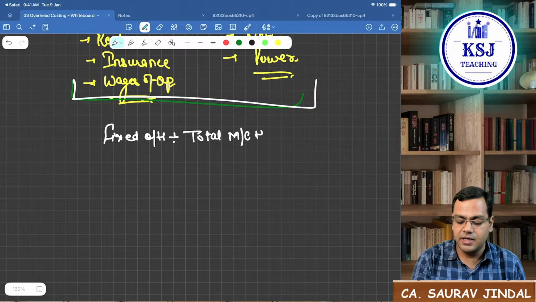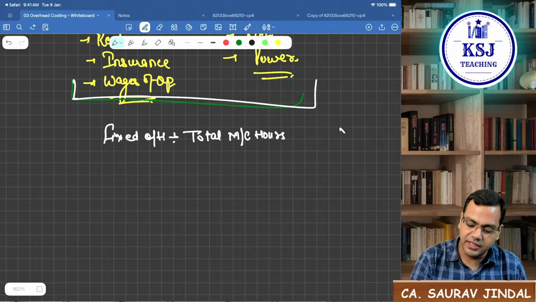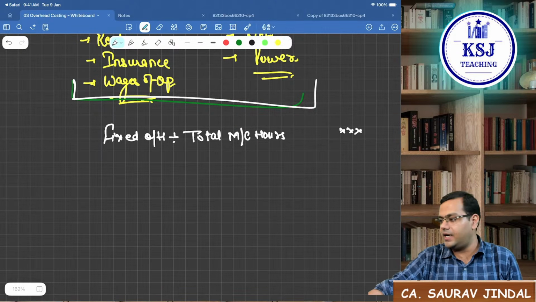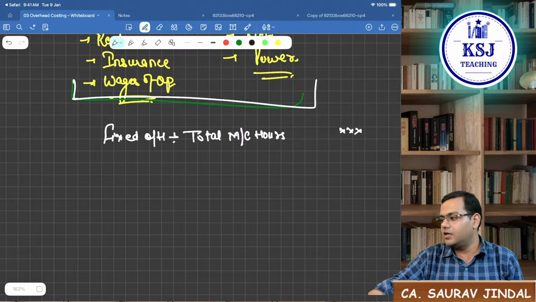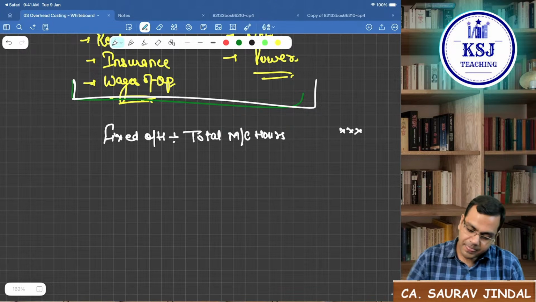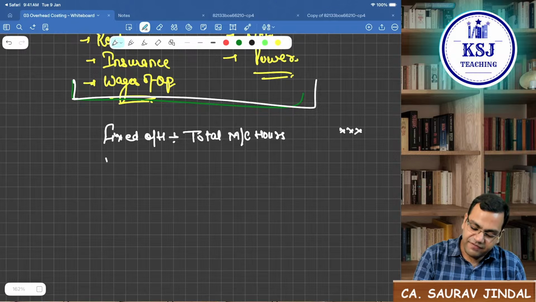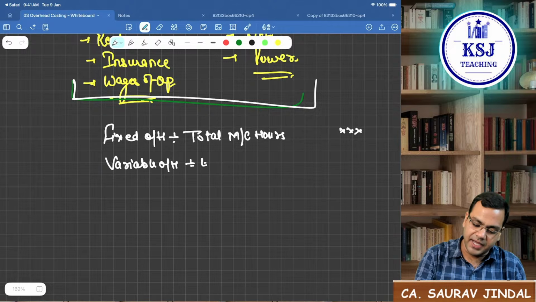The logic is that fixed overheads are not dependent upon whether your machinery is working or not, not dependent upon the running of your machinery. Second thing, the variable overheads will always be divided by effective machine hours.